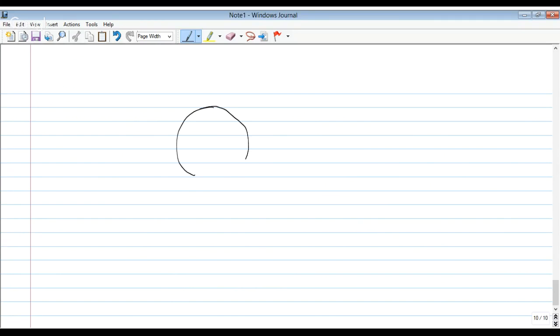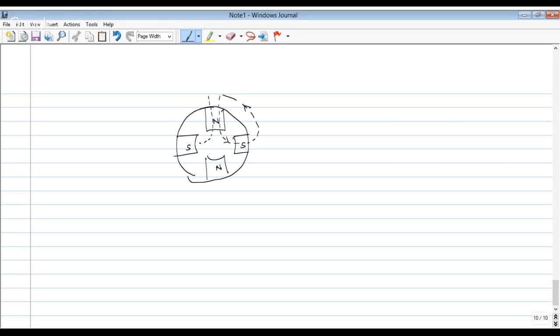Suppose this is my machine with poles like this: north, south, north, south. Now flux will go from the north pole to the south pole. It will go out from north and enter the south pole.